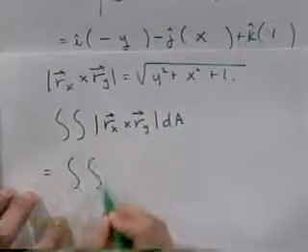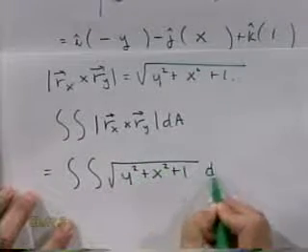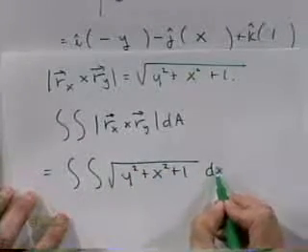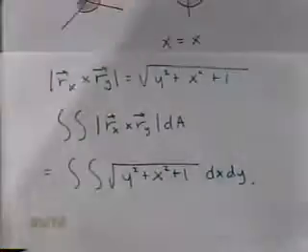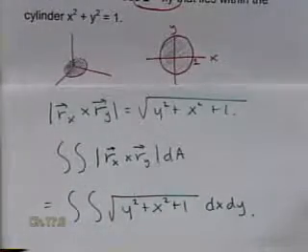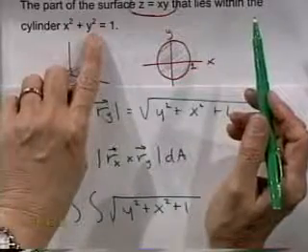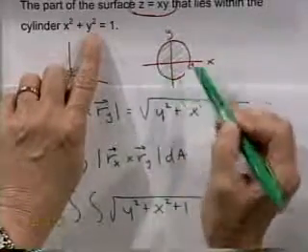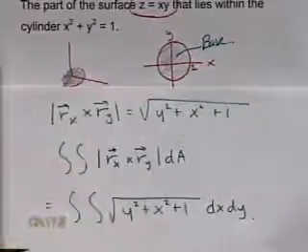So we're integrating the square root of y squared plus x squared plus 1, dx dy or dy dx, over what's our region? It was the stuff within the cylinder x squared plus y squared equals 1. It's the interior of that circle. That's my base. That's what I'm integrating over.